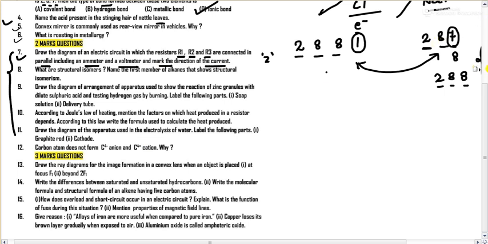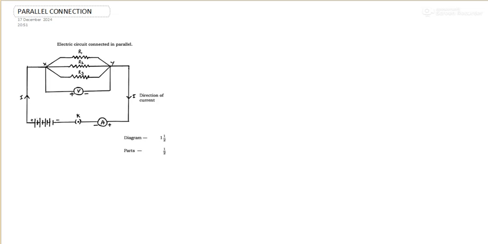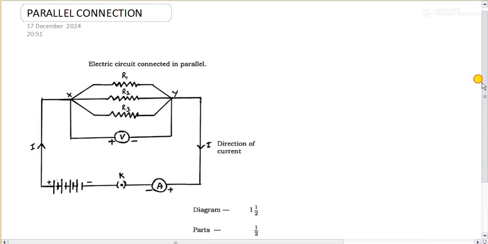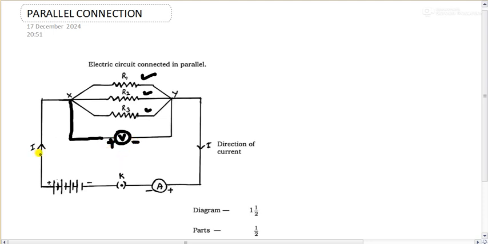I will try to show you the figure. It is from the chapter Electricity. These are the resistors R1, R2, R3 connected in parallel. And in parallel we have the voltmeter here. You have to mark the sign as well.